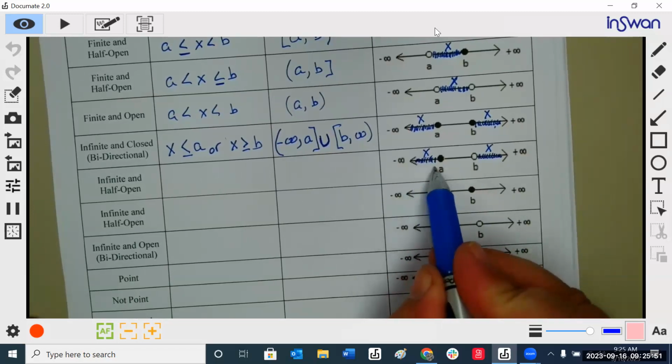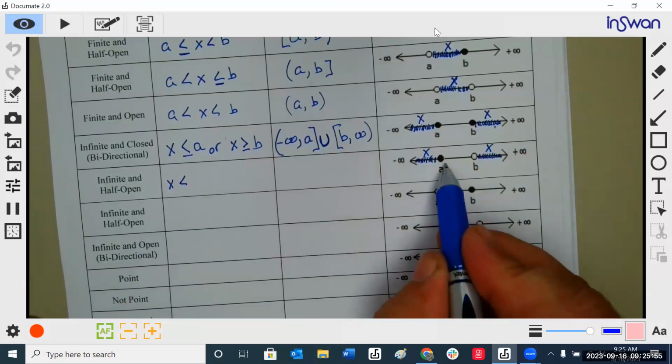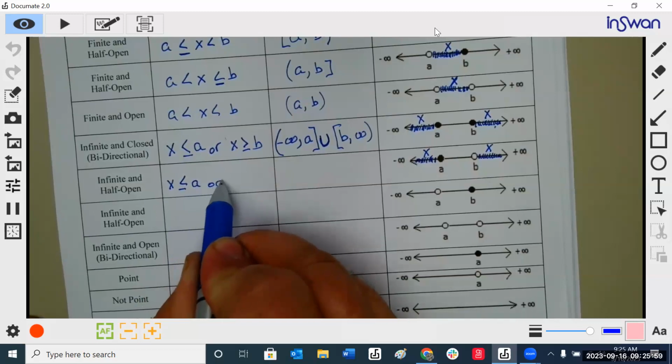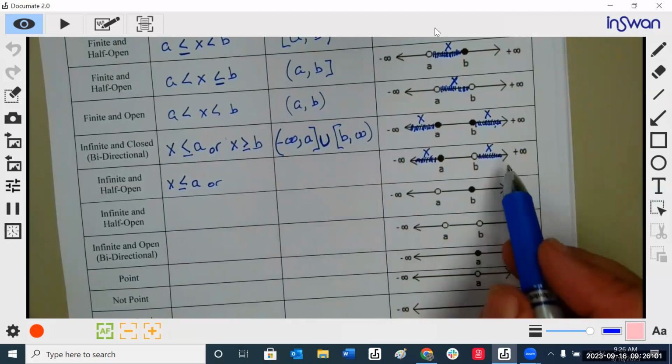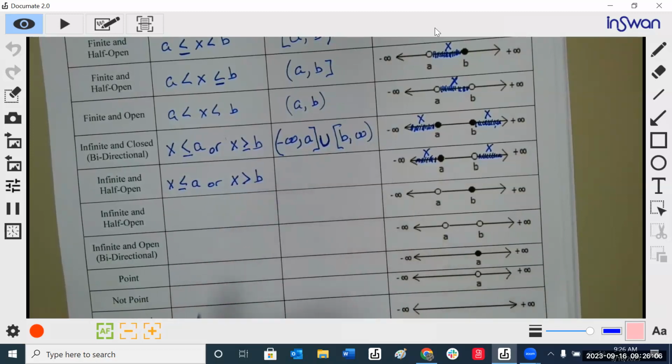So on the left side, X is less than or equal to A. X is greater than B. Here's the question.